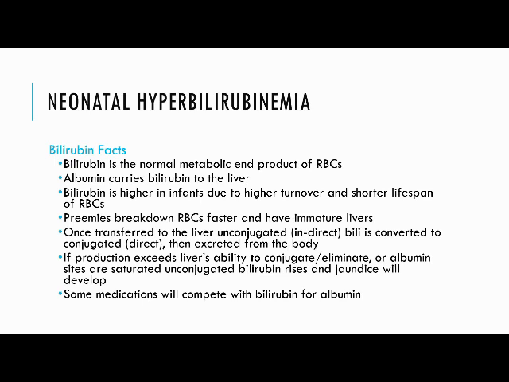If production exceeds the liver's ability to conjugate or eliminate bilirubin, or if the albumin binding sites are all saturated with unconjugated bilirubin, the level will rise in the blood and jaundice develops.